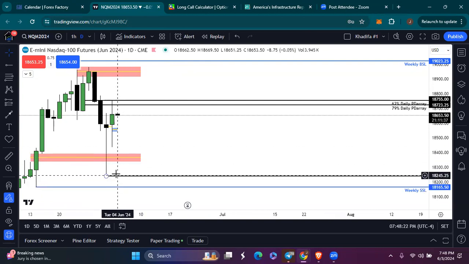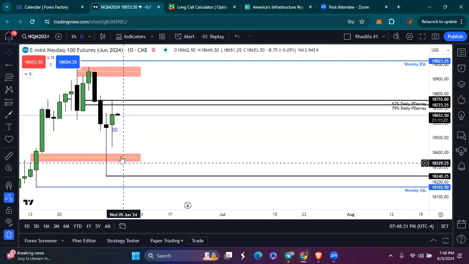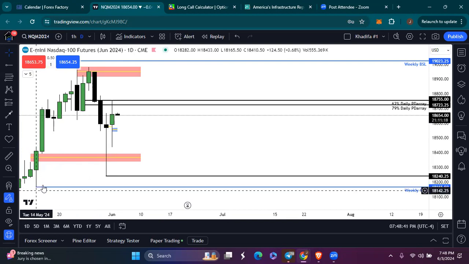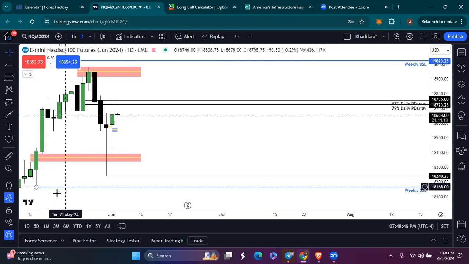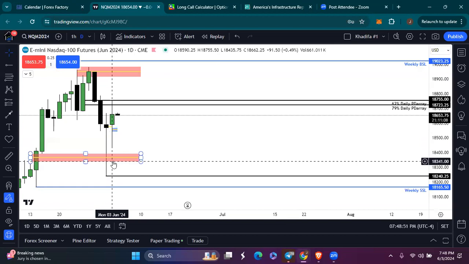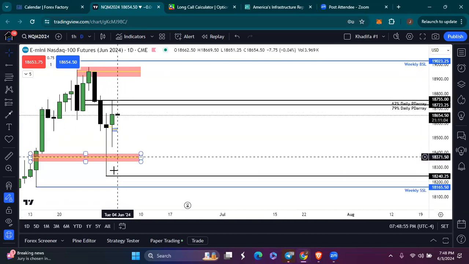And then whether we respect it or we come down and run this low, I will only be looking to buy from these levels. This fair value gap, this swing low, this weekly low. Sell side liquidity, should I say. This weekly sell side liquidity, daily sell side liquidity, and this fair value gap. I'm only interested in buying from these discounted levels.